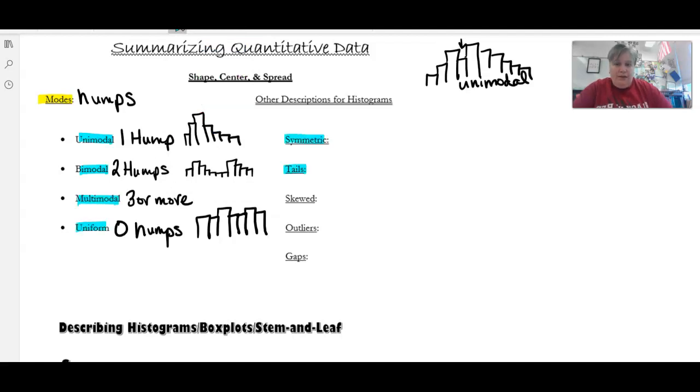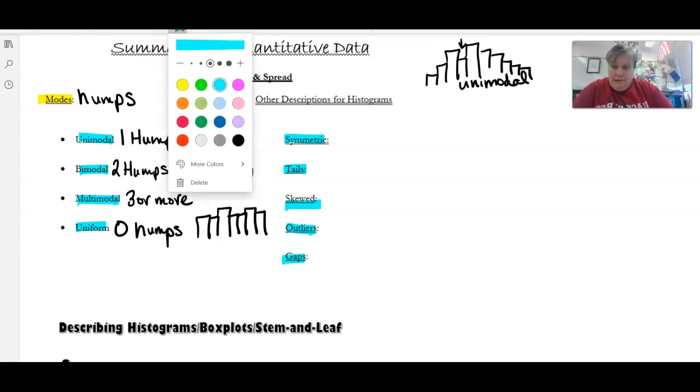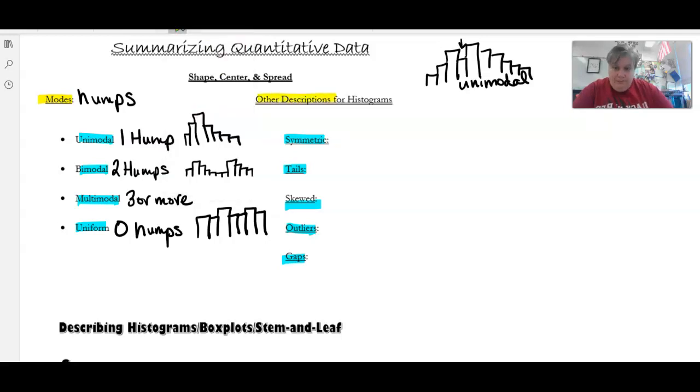Okay, now there are other ways that you have to describe quantitative data. So the first way you describe it is symmetric. And when something is symmetric, you're going to think about it as a line of symmetry.